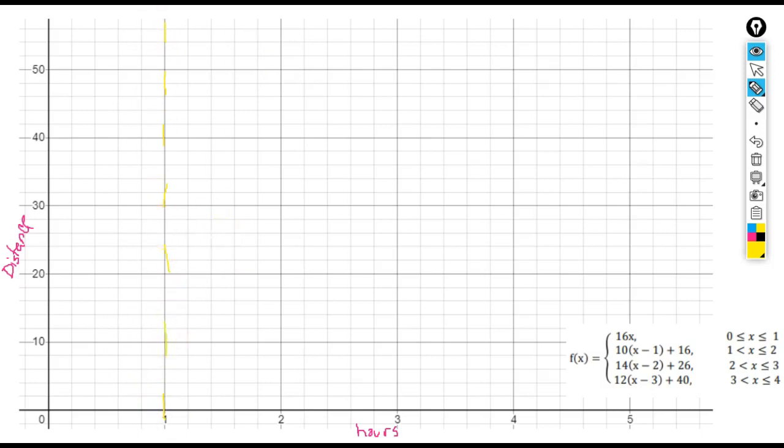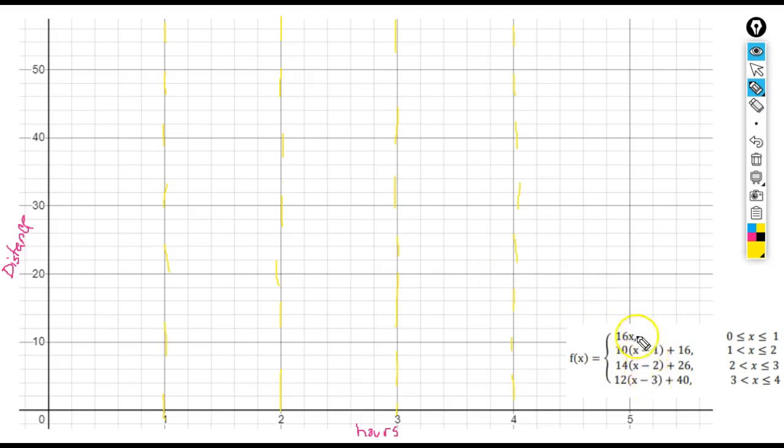The next interval is from 1 to 2, then another interval from 2 to 3, and our last interval is from 3 to 4. So I have 4 intervals. We also have 4 pieces, so that seems to work out pretty well.